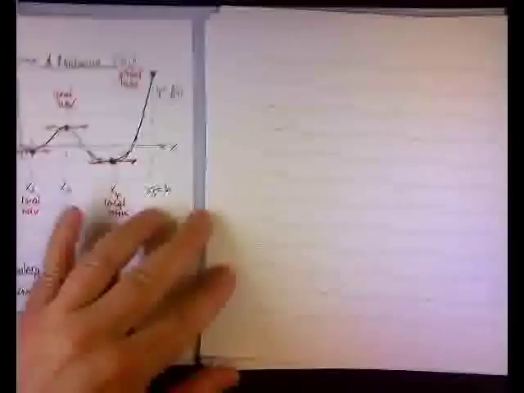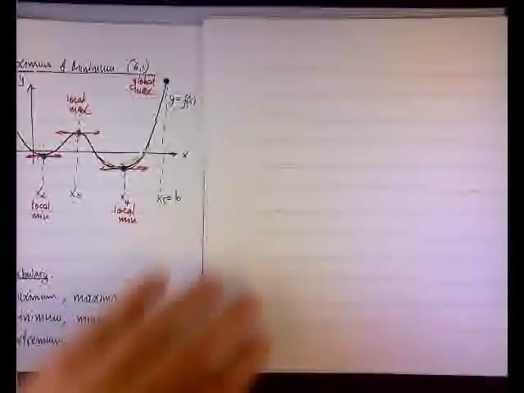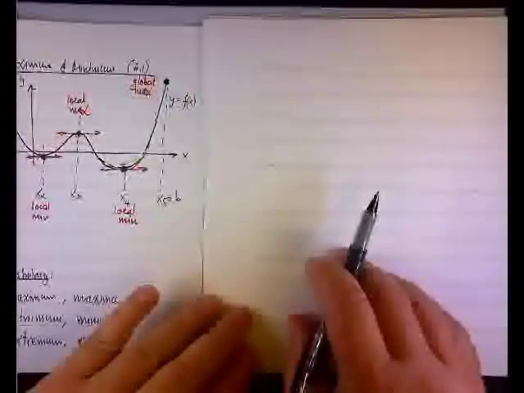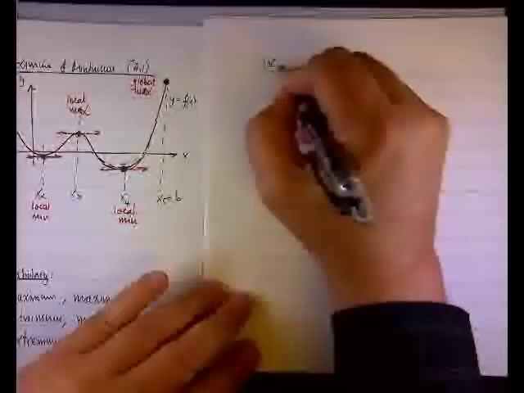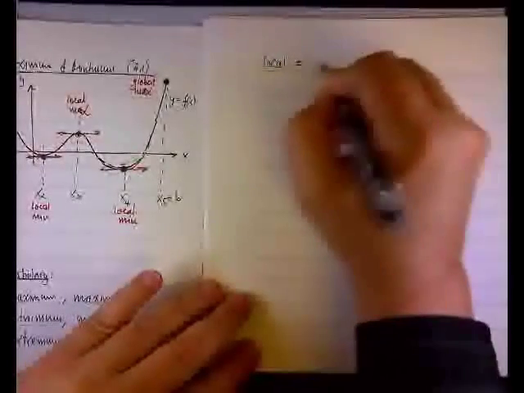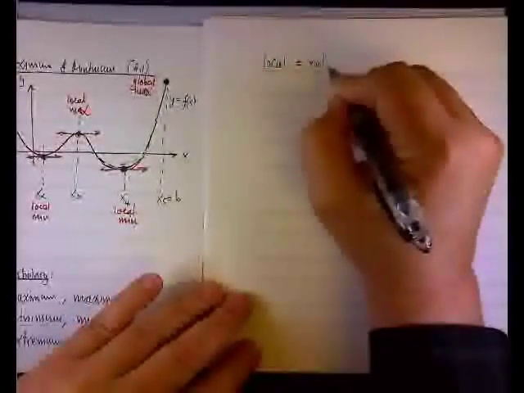We're going to use the term global and local. And the word local is a synonym with relative.